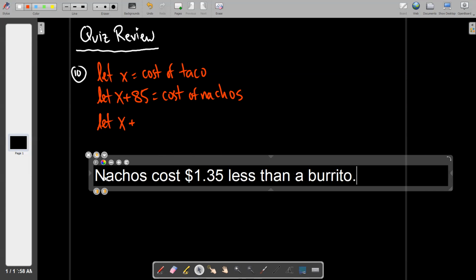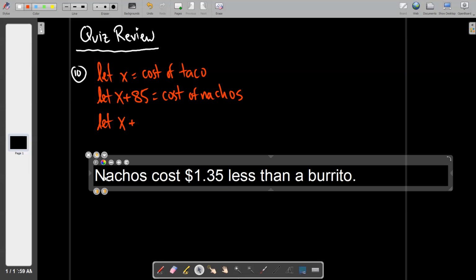And there's a science to this. If you took your pencil and lightly scribbled out all the stuff that has to do with the taco, starting at 85 cents and all the way through the word "and," then you would just see that sentence, that nachos cost $1.35 less than a burrito. So you can directly draw a relationship between the burrito and the nachos.